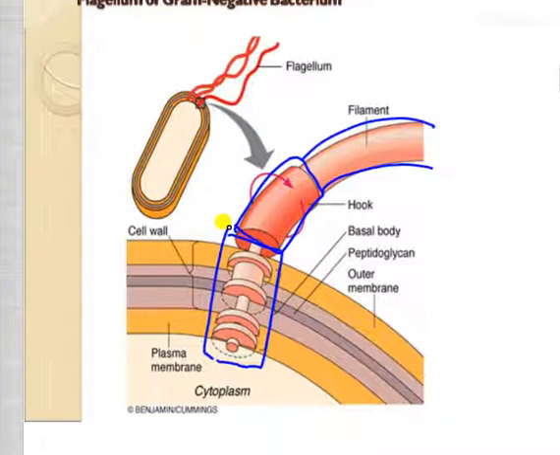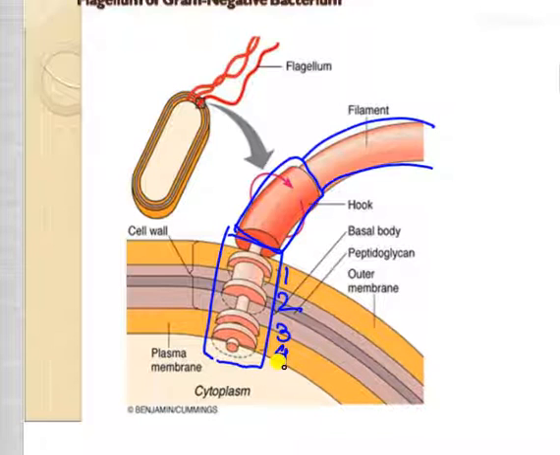Here we can see this is the flagellum of a gram-negative bacterium, so it contains a total of two pairs of rings, meaning the total number of rings will be four. So this is the first ring, second, third and fourth. So four rings, or two pairs of rings, are present in gram-negative bacterial cells.